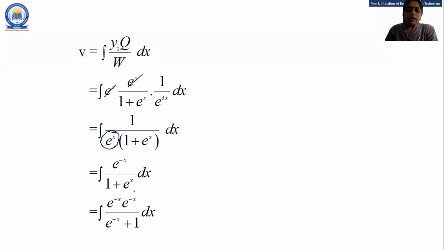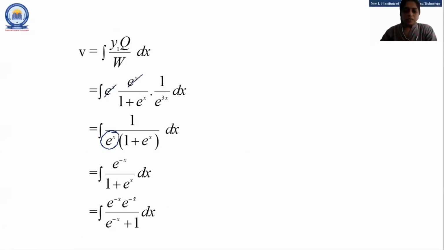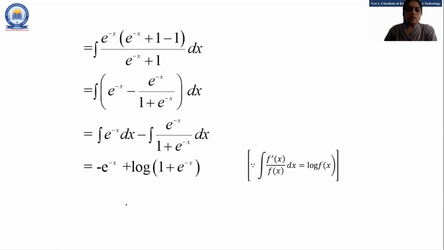Now, again, if I multiply and divide by e raised to minus x in the numerator and denominator, then my numerator is e raised to minus x into e raised to minus x, and my denominator is e raised to minus x plus 1. Now, here I write e raised to minus x plus 1 and minus 1, so no change in the value, right?